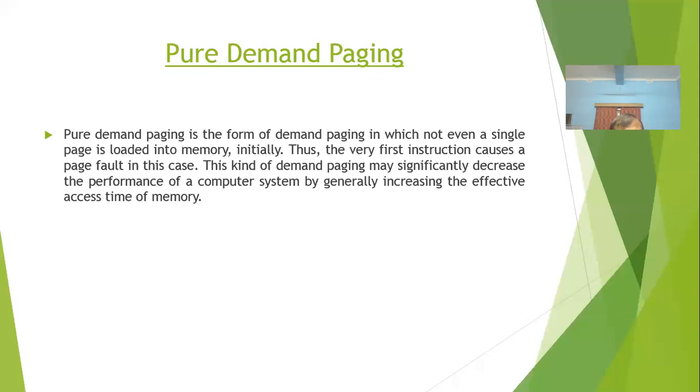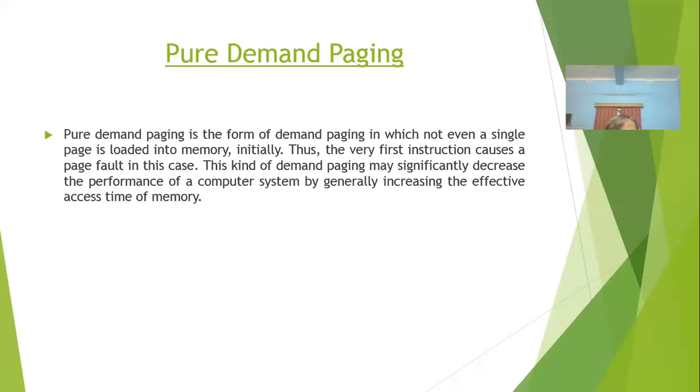In the previous case, in the case of demand paging, initially we were making some sort of guesses that these pages may be required, and those pages are loaded into the memory before starting of the process. But in case of pure demand paging, we are not loading any page at all initially. That means for the very first page, a page fault will occur, and then only the particular page will be loaded into the memory.